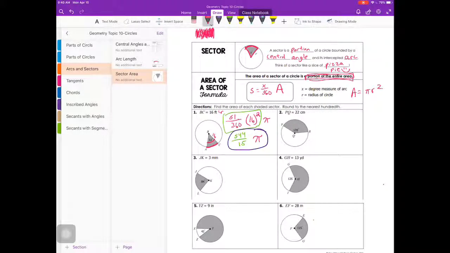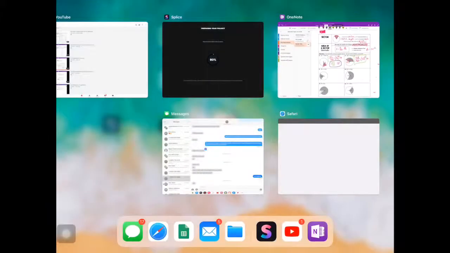So now number 2. Our arc measure is 139 out of 360. PQ is 22, so that's our r. And we're going to multiply that by 22 squared. Throw our pi on the end. This goes into Desmos.